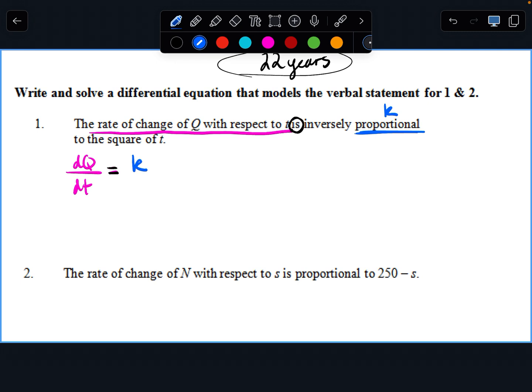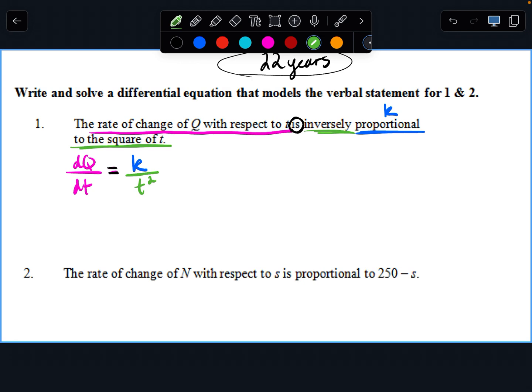K is always just K. But the fact that it says inversely proportional to the square of T, you gotta put K on the numerator and then T squared on the denominator. If it's straight up proportional, it would be K times T squared. Since it said inversely proportional, you have to divide. Okay. And then what do they want?